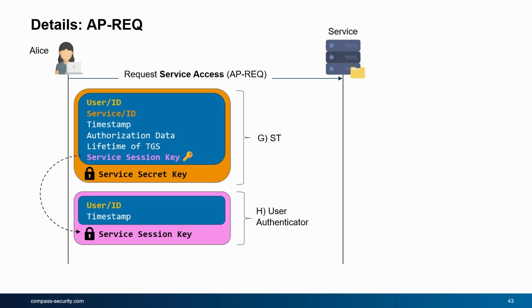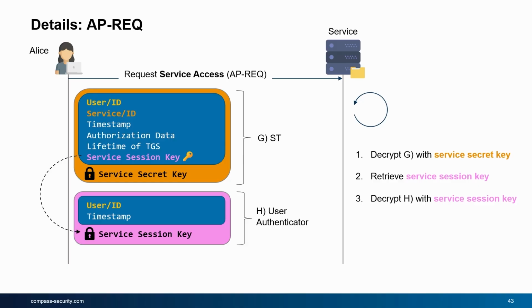So there's a relationship between those two messages, and when the service receives those messages, since it has access to its own secret key, it will decrypt the service ticket and from there fetch the service session key, among other things. It will then decrypt the user authenticator message with the service session key, and we will be able to validate the authenticator.